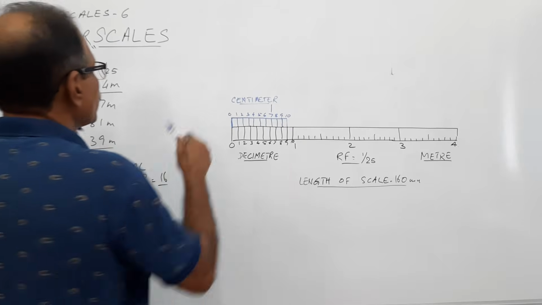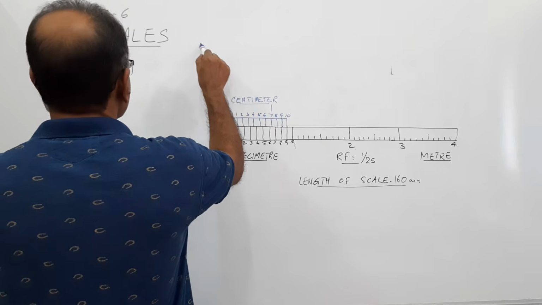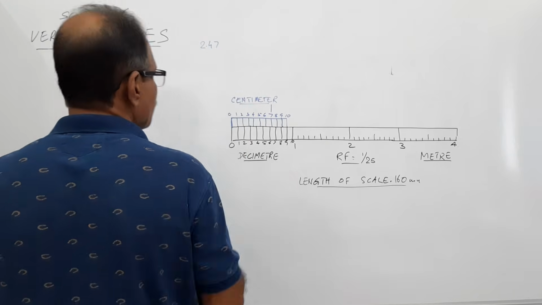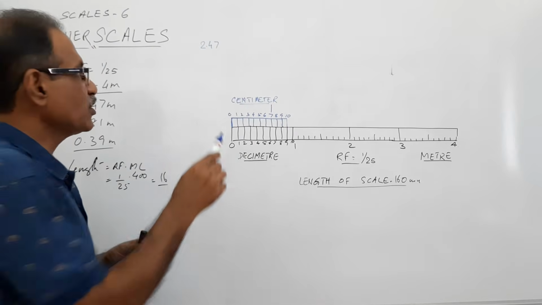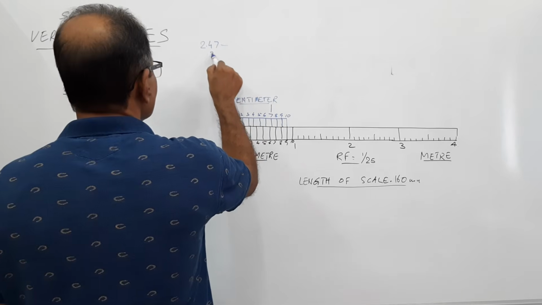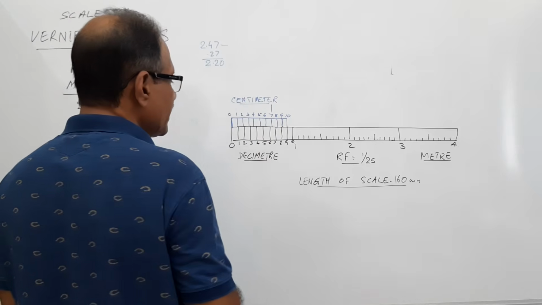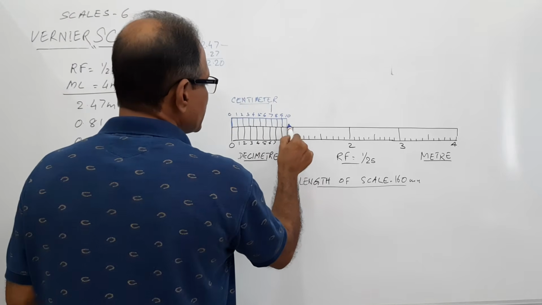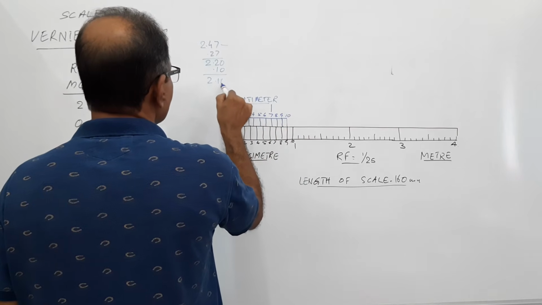Now 2.47 minus 9 into 3, 27, is 2.2. Agreed? This much is 0.1. So 0.1. Balance 2.1.